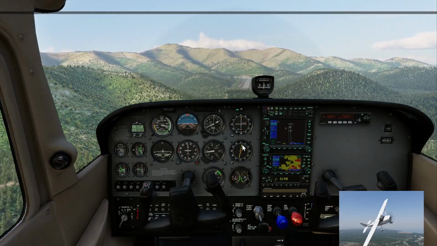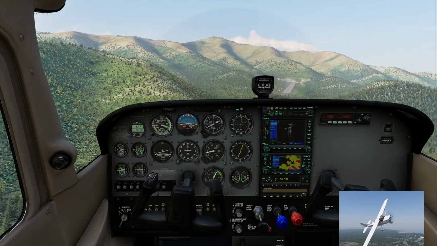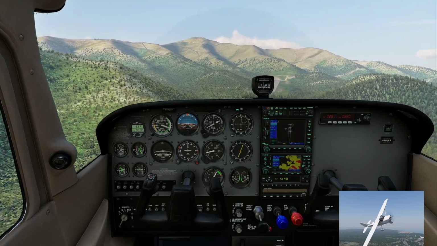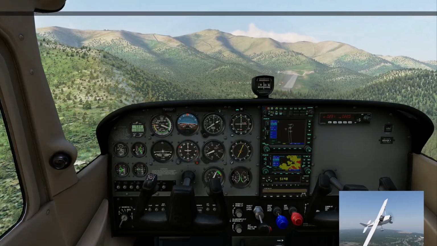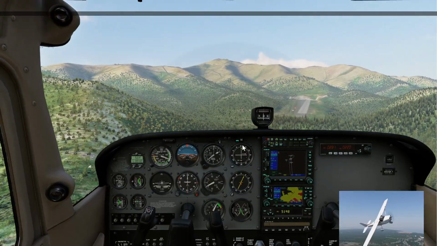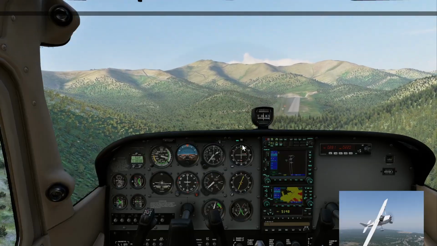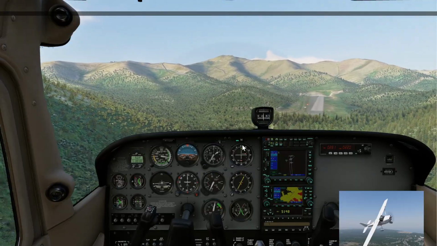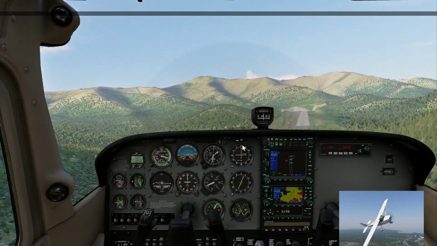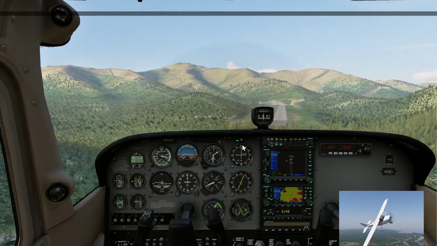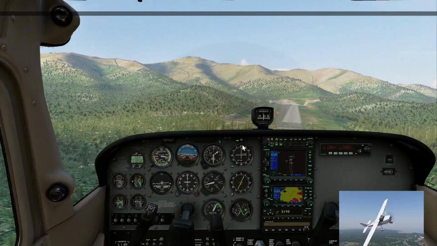Still a little ways to go, and we're good. Our correction is about 20 degrees. It's really gusty down here. I'm holding 10 degrees now. I'm using the crab method. Alright, I'm going to go 20 degrees flaps.